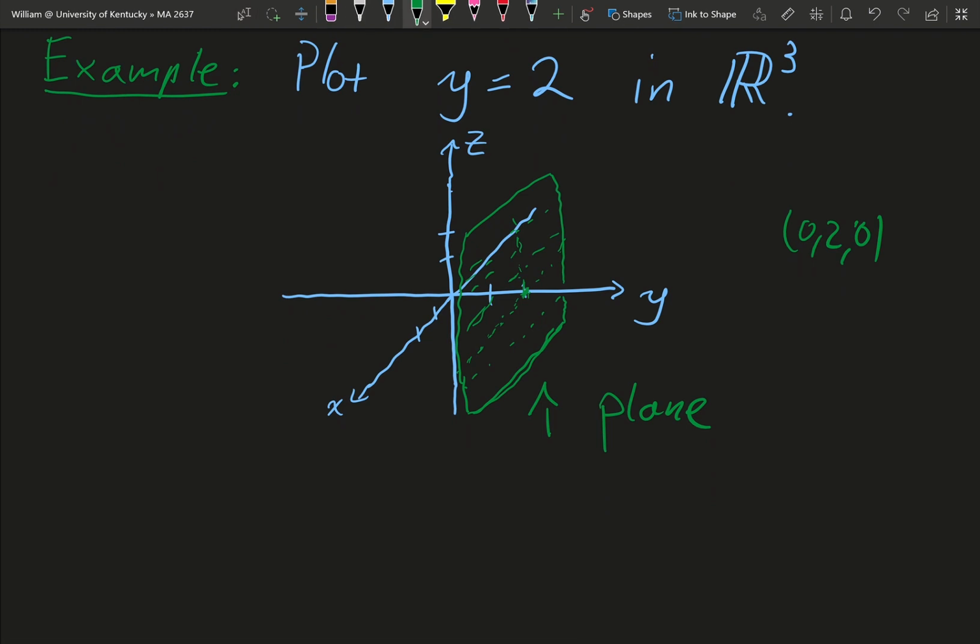And there are other examples of planes you could get as well. Say we want to plot y equals negative z, or z equals negative y.